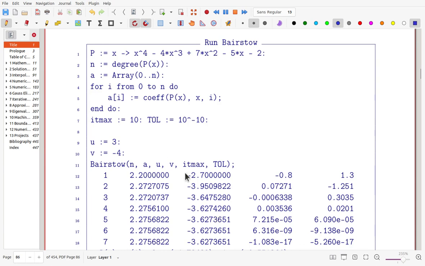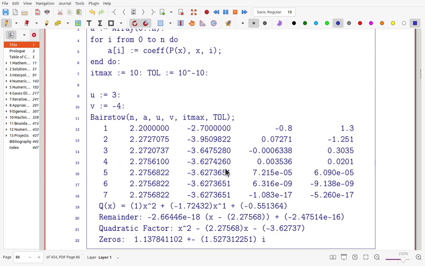Let's see here. For the polynomial, first we check the degree and we try to get coefficients, from 0 to n. The maximum number of iterations is given as 10, and tolerance is 10 to the minus 10. For the polynomial, we start with u equal to 3 and v equal to minus 4, that is the initial value.